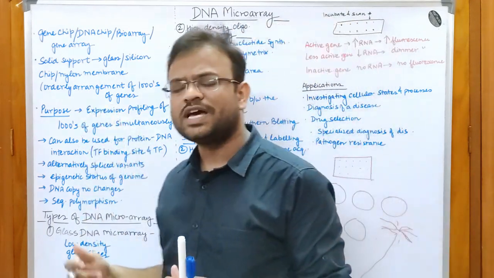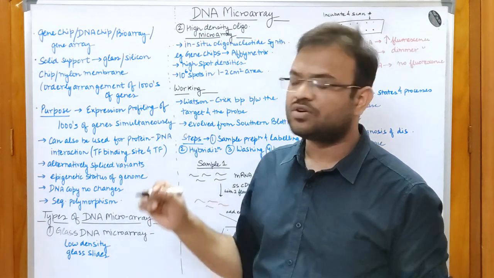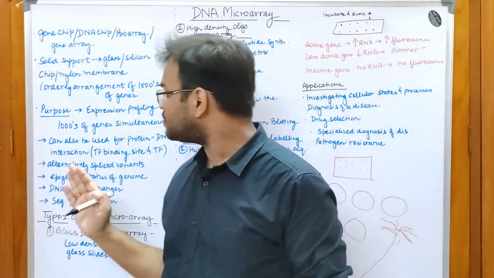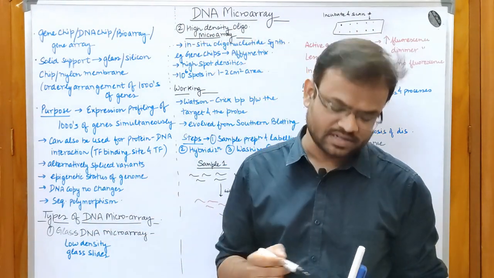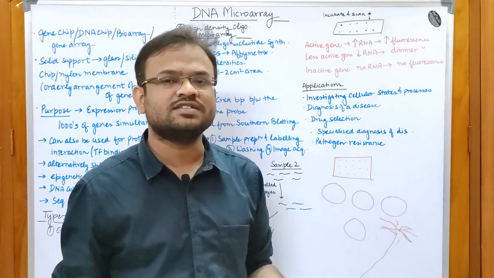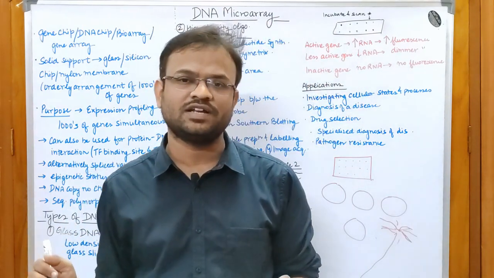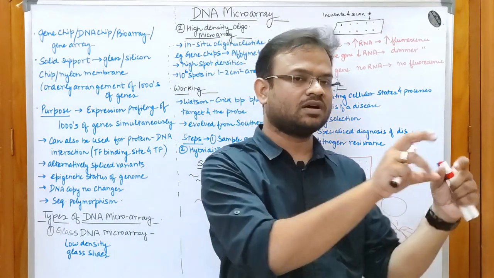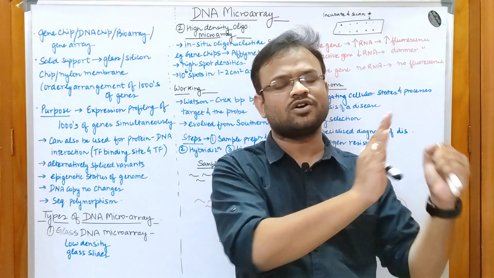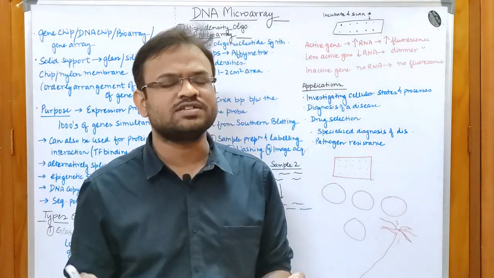What is the purpose? Why are we doing so? We are doing this in order to learn the expression profiling of those thousands of genes simultaneously. Suppose I want to check for a disease inside a liver. I have the information or data of a normal individual, and I have the data of a diseased individual.